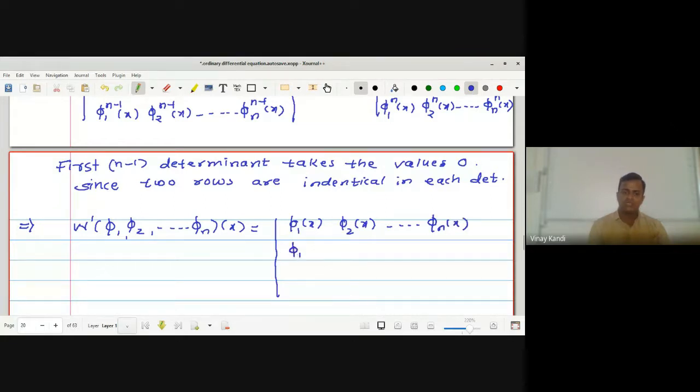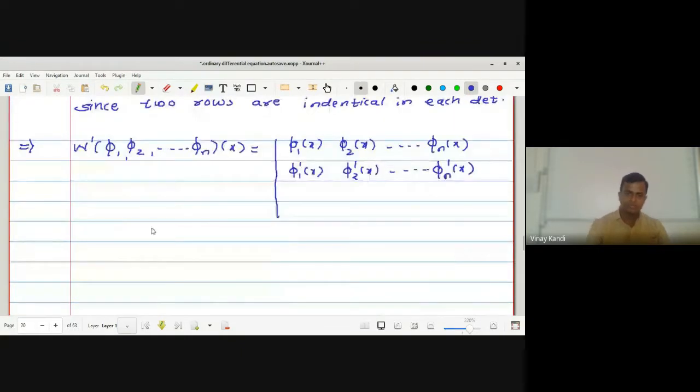This is phi 1 dash of x, phi 2 dash of x, up to so on, phi n dash of x. At last, we get phi 1 raised to n of x, phi 2 raised to n of x, up to so on, phi n raised to n of x. Okay, any doubt up to here?